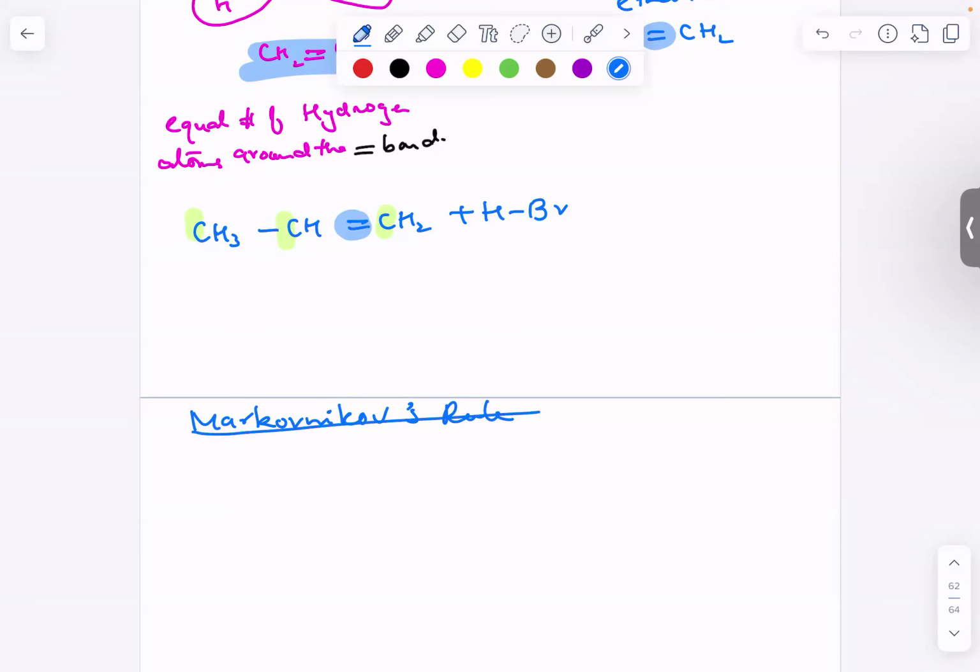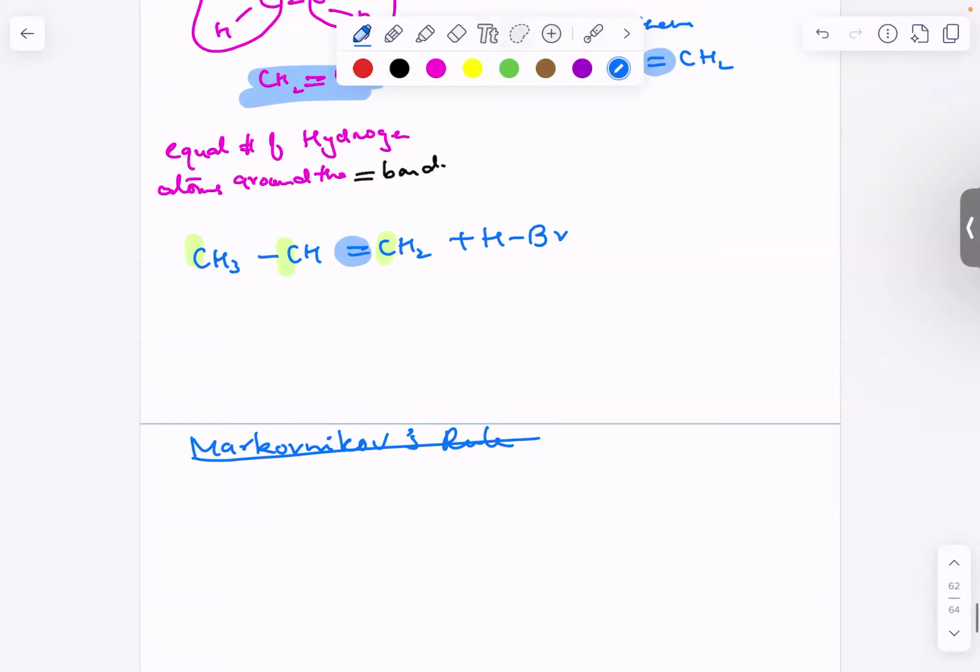This rule states, keep this in mind, this is unsymmetrical and this is also unsymmetrical. So when an unsymmetrical molecule is added to an unsymmetrical alkene, you know that this is partial positive and this is partial negative.